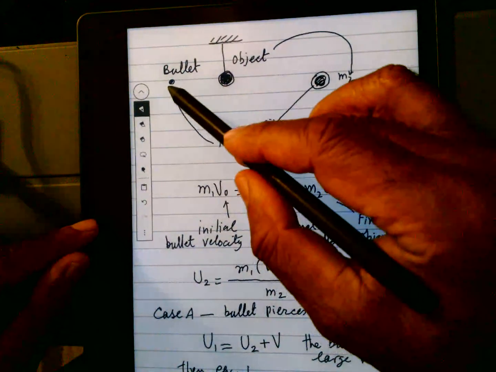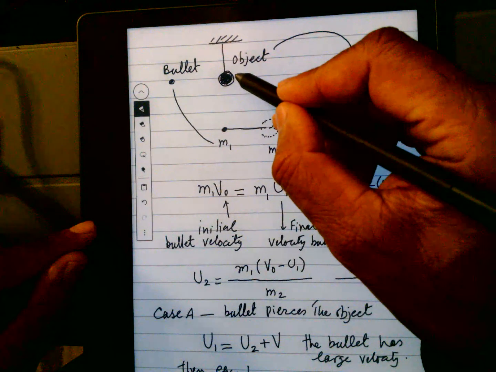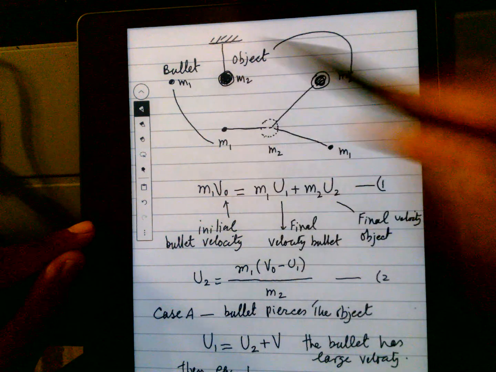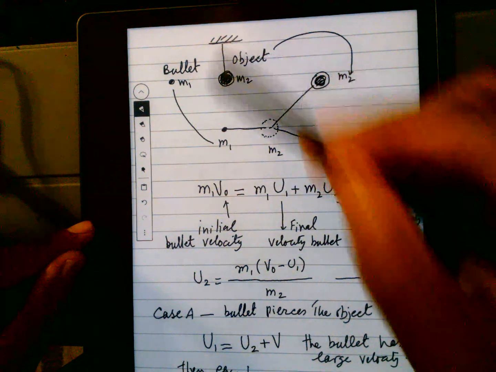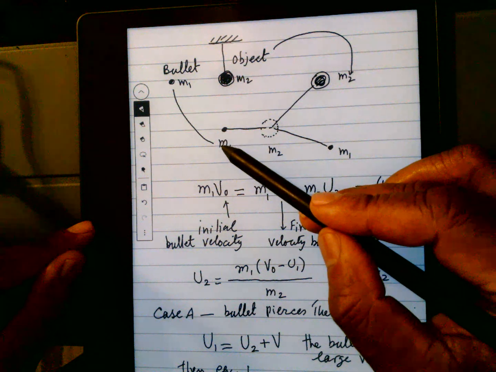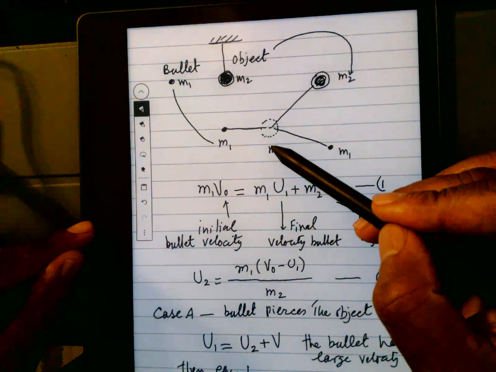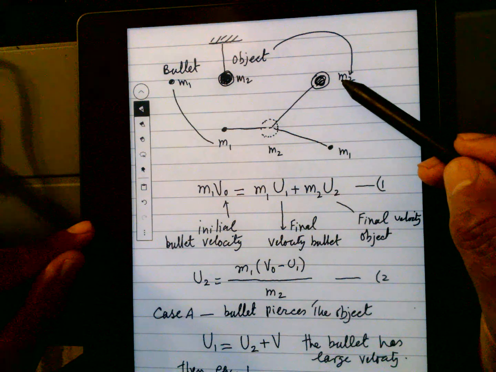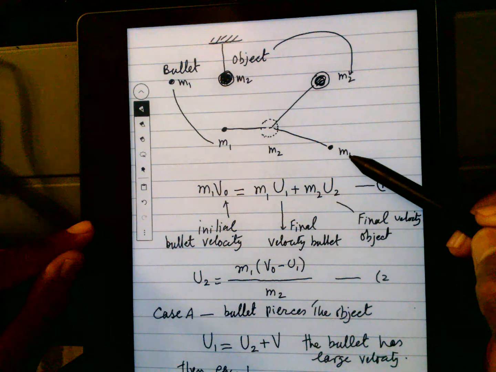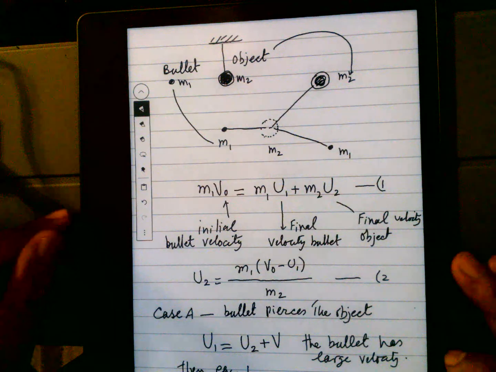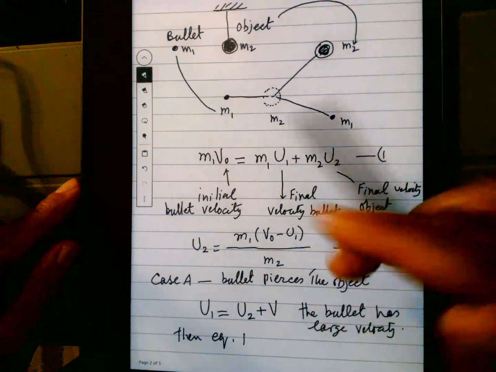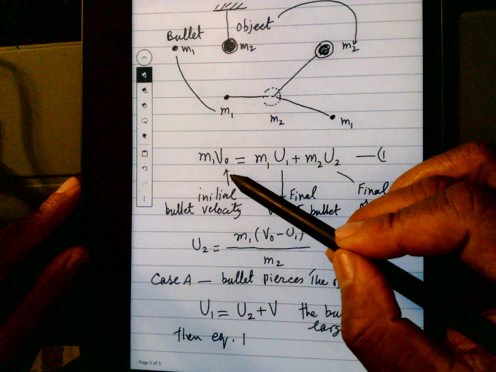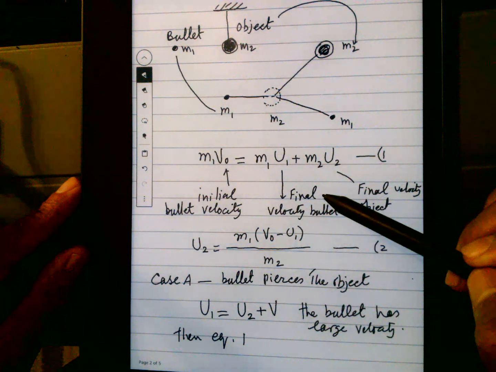So this is a bullet. This is m2, and this is m1. This is hanging, and it looks like this: m1 is the bullet and this is m2, and afterward m2 has a different velocity and m1 has a different velocity. So, conservation of linear momentum: this will be m1 before and this one is after.